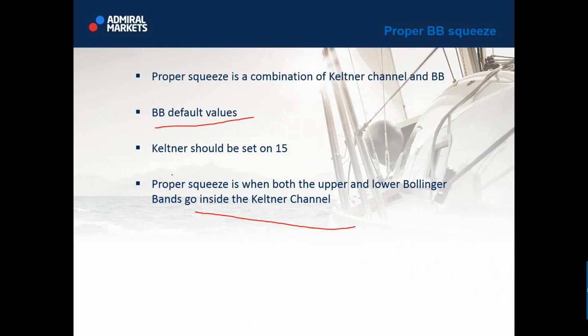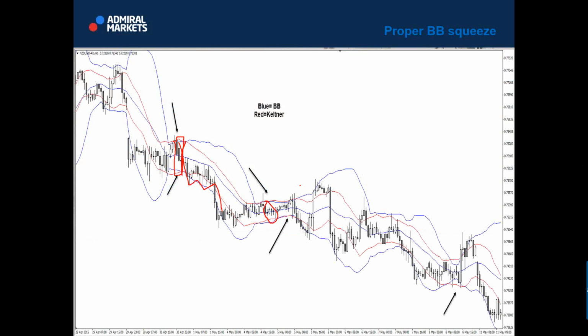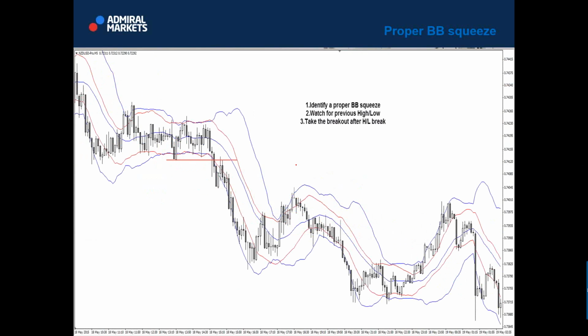Proper squeeze is only when this rule has been respected. And Bollinger Bands on default, Keltner on 15. This is also a proper squeeze, look. Okay?